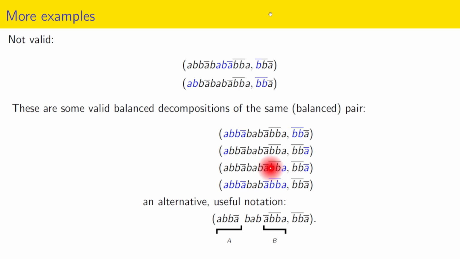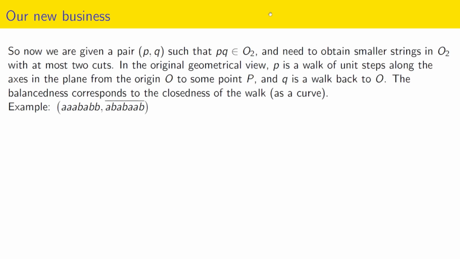The only thing we care about is that all the black parts in total have the same balanced occurrence. Okay? So the same number of B and conjugate B, the same number of A's and conjugate A's. Of course, the number of B's and A's doesn't need to be the same. Maybe it will get clearer with the geometric view that we introduce now.